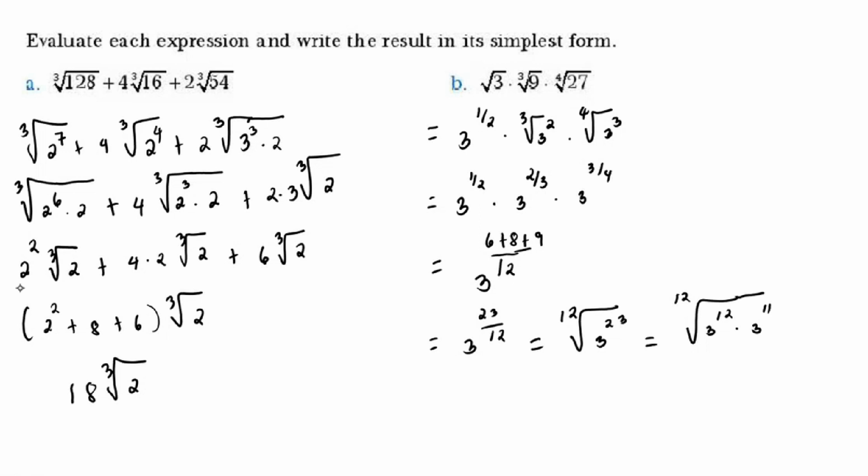So 3 to the power of 12 is a perfect nth root. So therefore, we can write now 3 times the 12th root of 3 to the power of 11 because 11 is less than the value of the index. So therefore, this is now the answer.